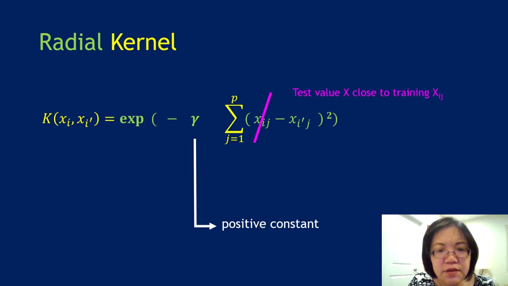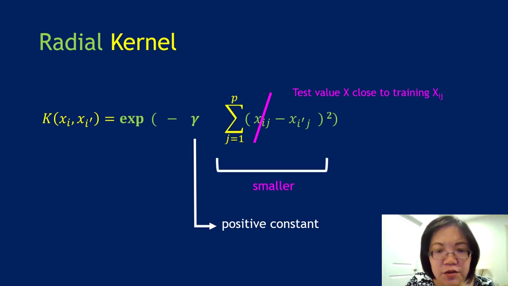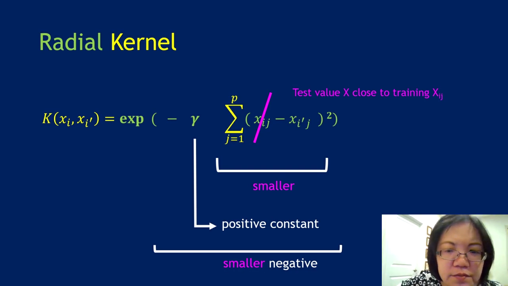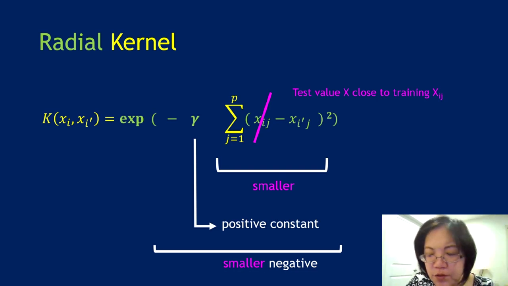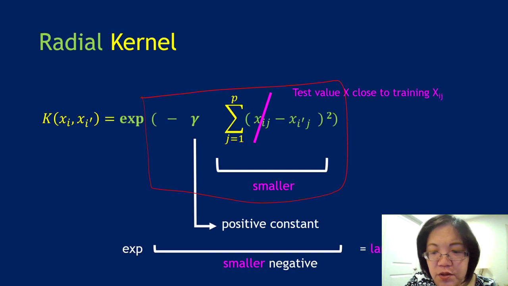Whereas if you get a test value that is close to the training data set, then you will get a smaller Euclidean distance total, which gives you a smaller negative term over here. And if you do an exponent of a small negative power, then you will get a larger kernel.